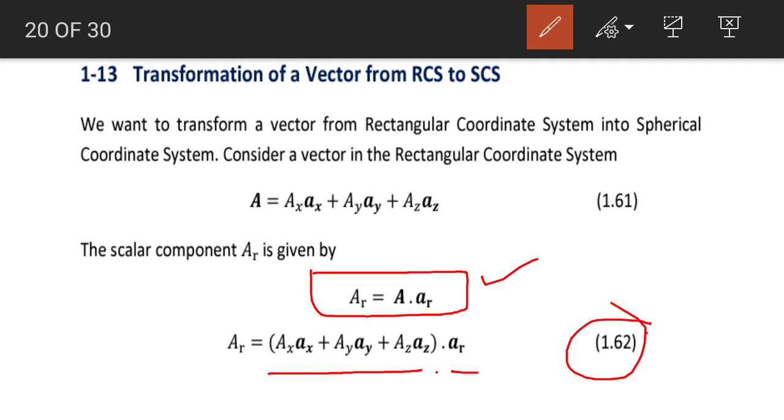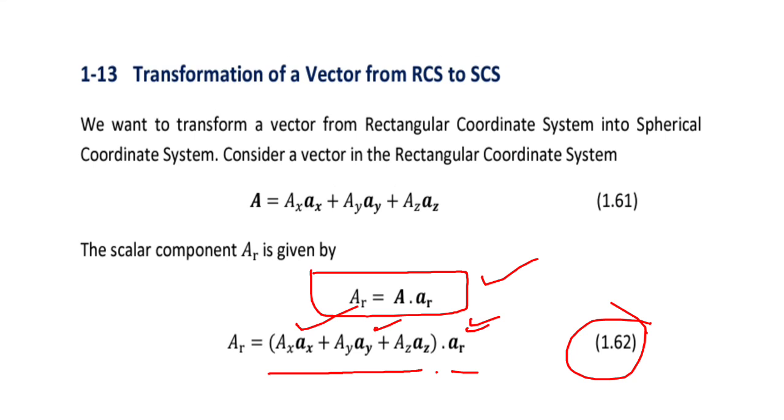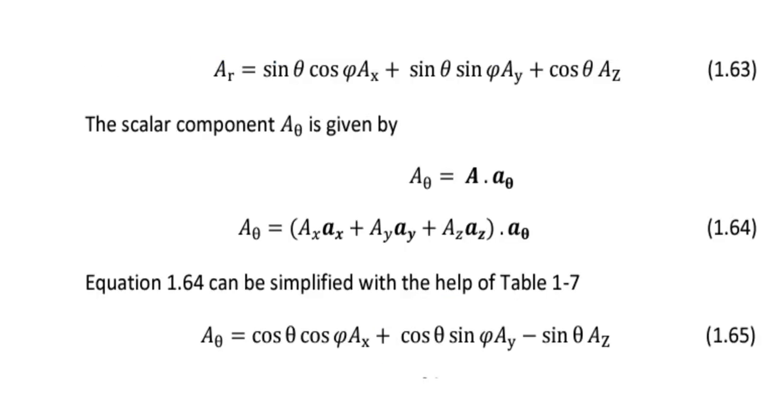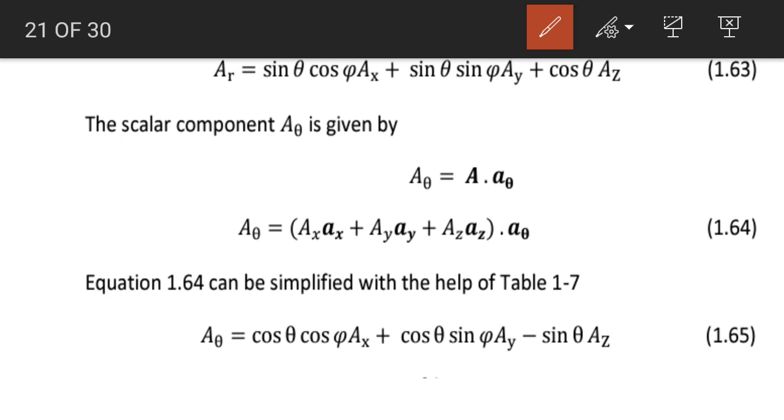We know that AX dot AR is sine theta cos phi. We know that AY dot AR is sine theta sin phi, and AR dot AZ is cos theta. So if we simplify the right hand side of equation number 62 with the help of that particular table, we get equation number 63.